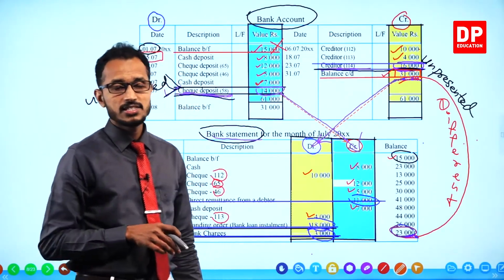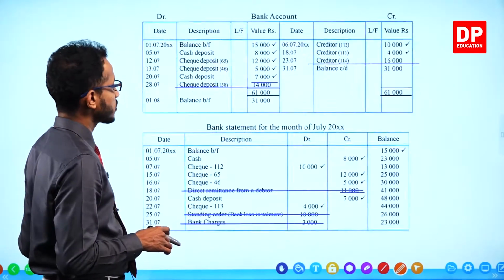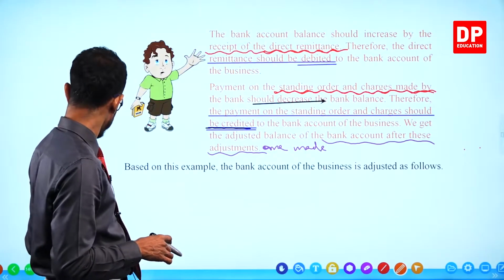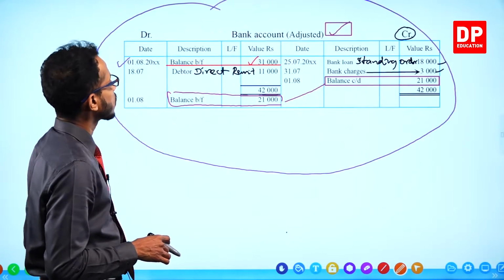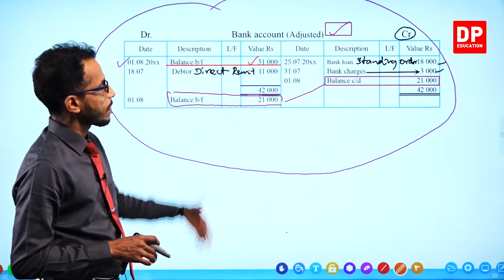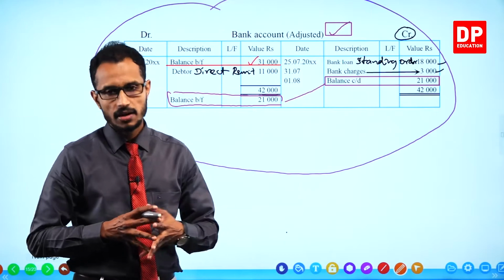That is why I said it is not yet done. This is only the first part, preparing the adjusted bank account.